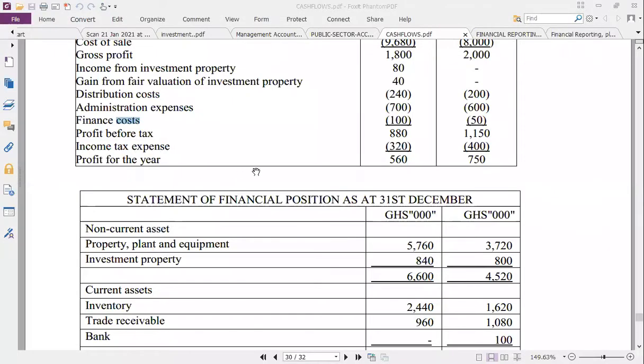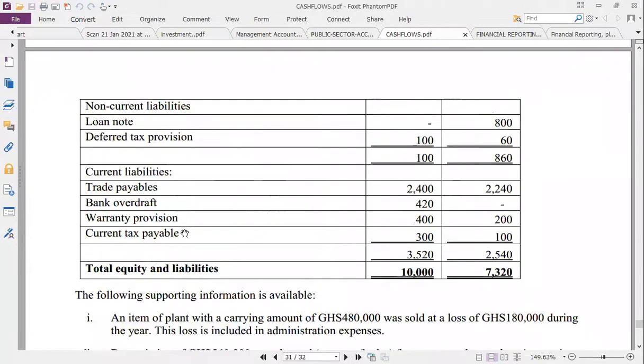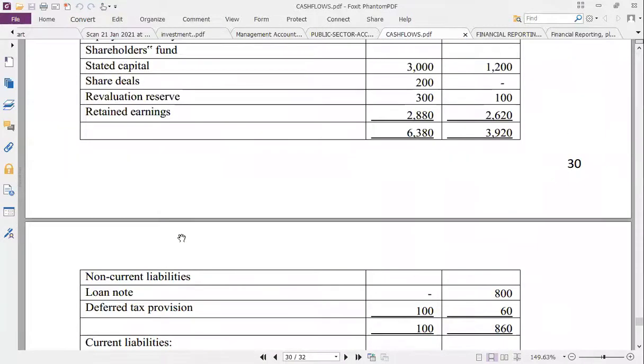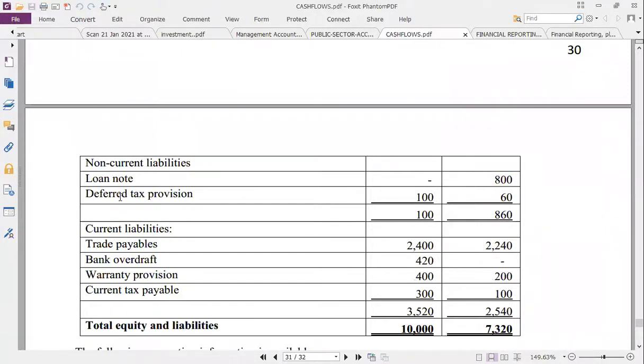So let's see. When I go to the financial position, I can see deferred tax here, opening balance and closing balance. I can also see current tax payable. Why do they give me tax too? Okay, so it means that I can group them, opening to opening, closing to closing. I'm looking for the opening.